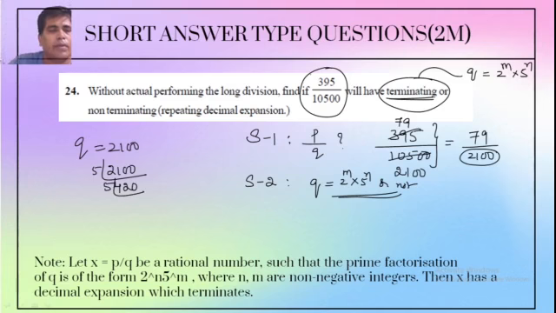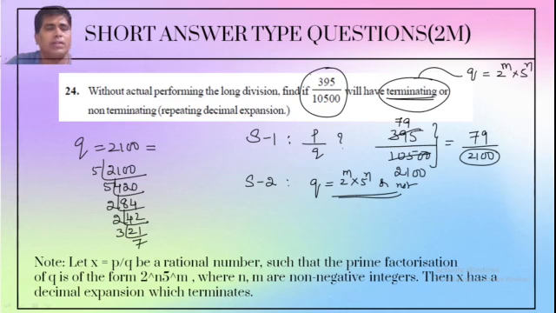Again it goes by the 5 table, 5 fours are 20. It goes with the 2 table, 2 twos are 4, 2 ones are 2. Again with the 2 table, 2 ones are 2. Again it is the 3 table, 3 sevens are 21.